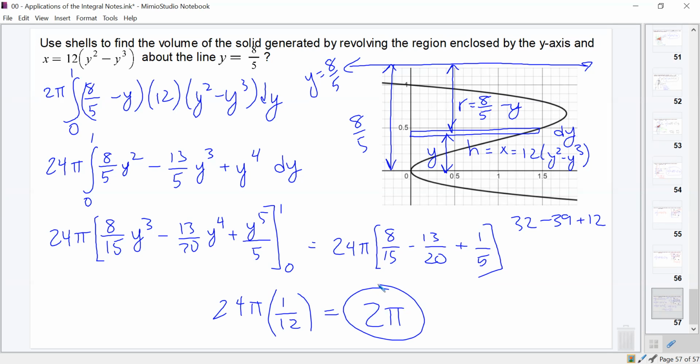Just remember, it's a good way to use the opposite variable as you'd use for discs and washers to find a volume. And one little thing to note that I didn't mention here at the beginning: cylindrical shells are never going to be required of you on the AP test. It's perfectly acceptable if you find a problem where it makes your life easier to use cylindrical shells, but there won't be any problems where you can't also use discs and washers, and they will never specifically ask you to use cylindrical shells.